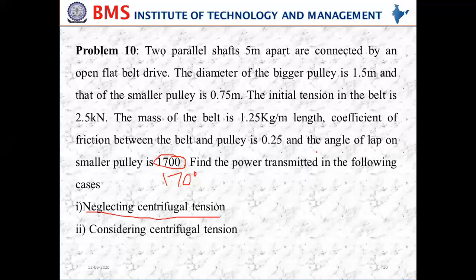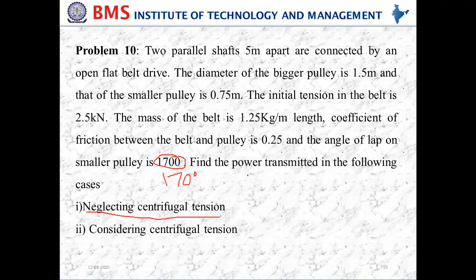Tc is equal to m into V square. V is the velocity of the belt, which is found by pi dn by 60. Use that equation to find the centrifugal tension for the second case. For the first case, it is direct: T1 plus T2 by 2, the initial tension, can be calculated.